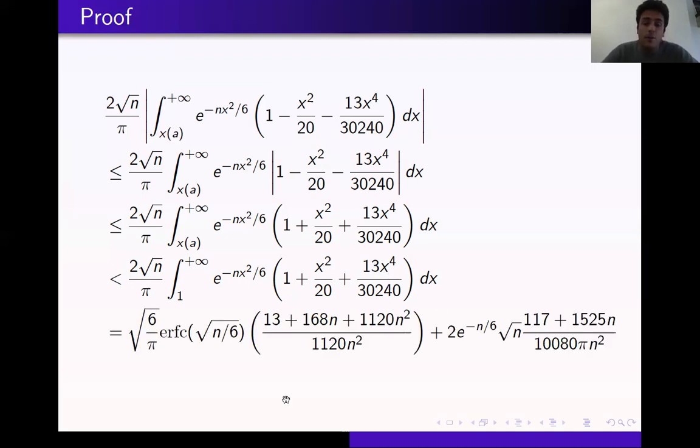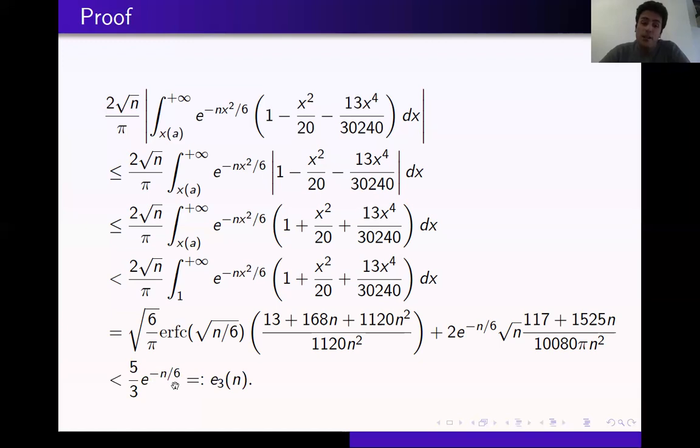All in all, what you get is this expression, basically some rational functions multiplied by the complementary error function evaluated at square root of n over 6. And the second term is an exponential function to the power of minus n over 6. All in all, this can be easily upper bounded by some absolute constant, 5 over 3 times exponential to the minus n over 6. And this is the first error term.